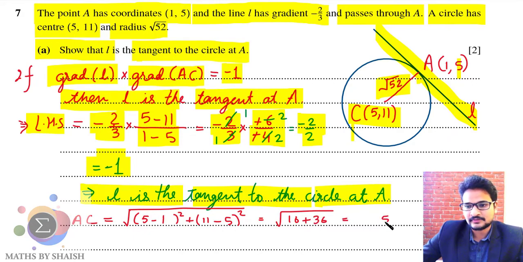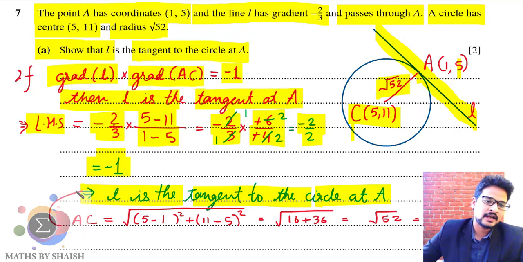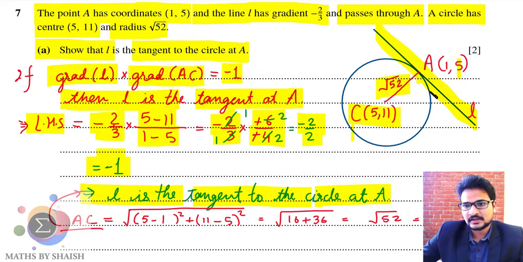So we get this as √52, which is the same as the radius, and that's why we can say that L is the tangent. Is a tangent? No, is the tangent? Yes, of course, because at A only one tangent is possible. So at A, this is the tangent because AC is the same as the radius.